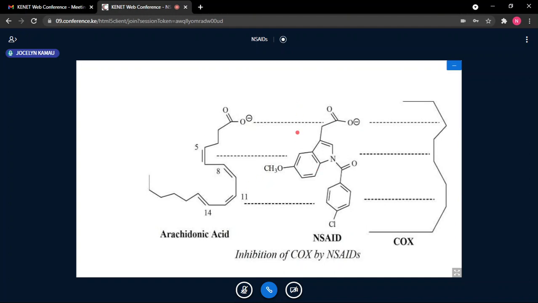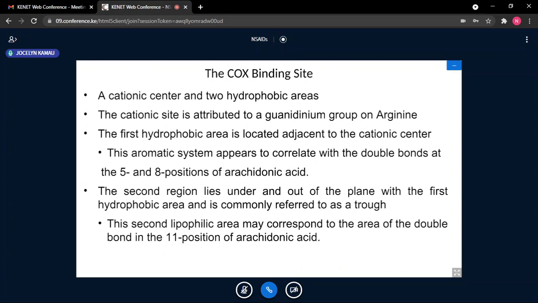And because of that structural similarity, the non-steroidal anti-inflammatory is able to bind the COX enzyme and block the arachidonic acid from accessing that site, and therefore block the synthesis of the prostaglandins, and hence, of course, stop pain, stop fever, and also stop inflammation.